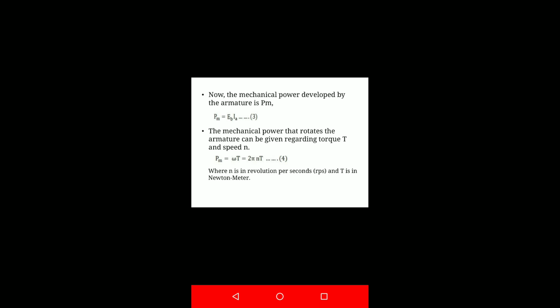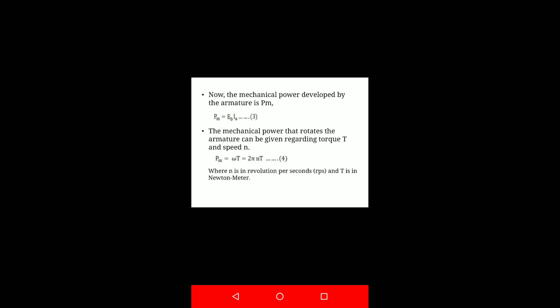The mechanical power that rotates the armature can be given in terms of the torque T and the speed N. Pm equals omega into T, which equals 2 pi N T, where N is the revolutions per second. We already know that omega equals 2 pi f, where f is cycles per second.